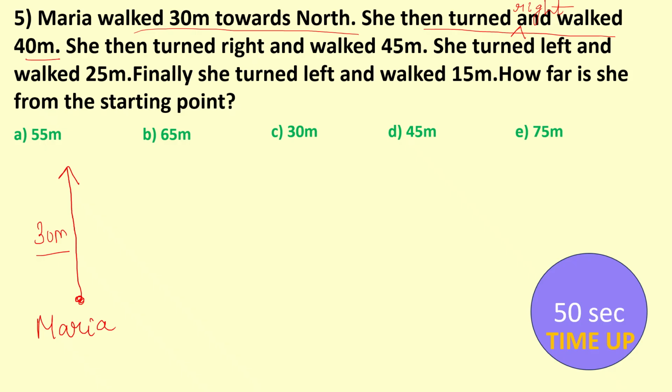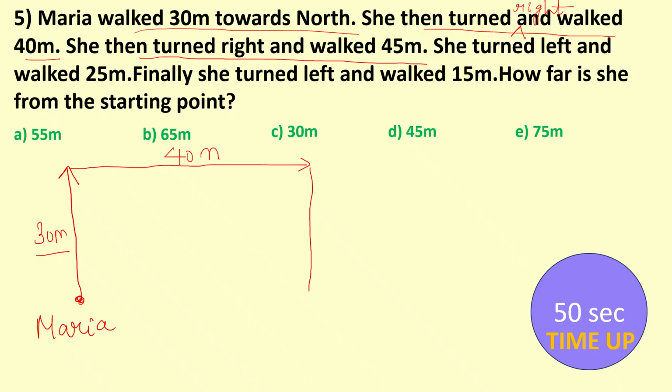She then turned right and walked 40 meter. Then she turned right and walked 45 meter. Now she's facing which side? East side. So east का right कौन सा है? नीचे वाला होगा. Correct?